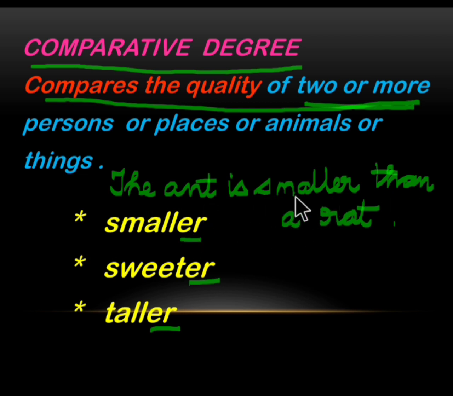So we use the smaller than. Here we have one noun and here we have the other noun. So we compare ant to the rat. So we use this comparative degree. We compare two or more persons. So we use ER to form the comparative degree.